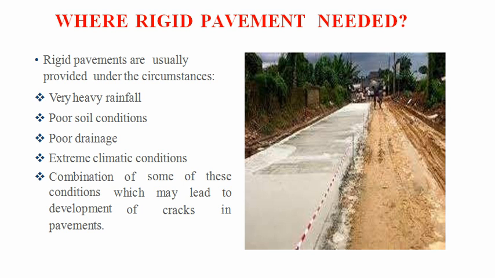Also, wherever there is poor drainage and the climatic conditions are extreme, and a combination of some of these conditions may lead to the development of cracks in the pavements. If these sorts of conditions prevail on the site, the best suited type of pavement will be the rigid pavement.